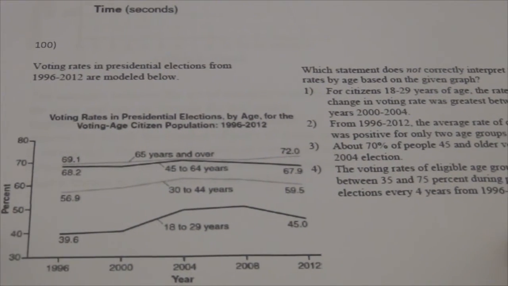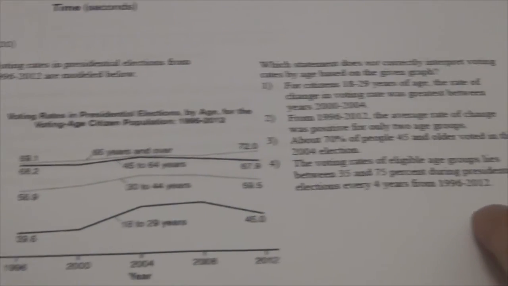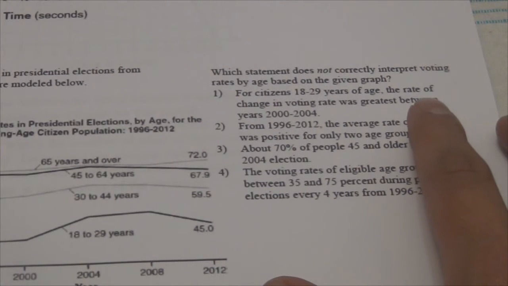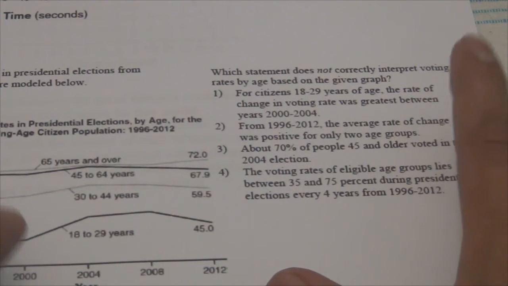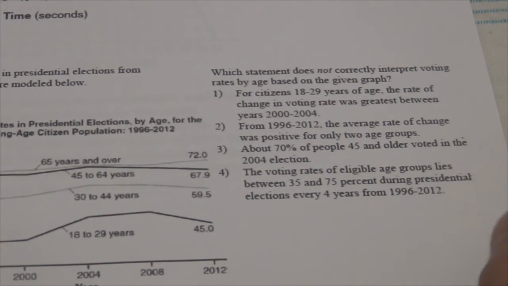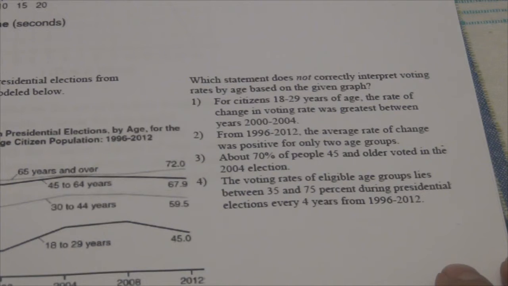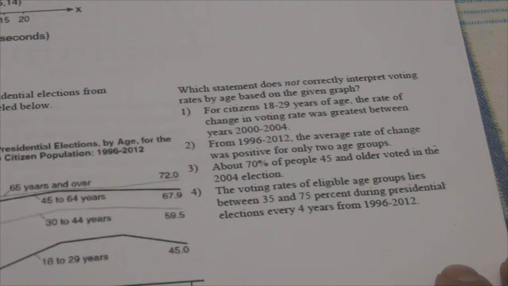All right. So here, voting rates in presidential elections from 1996 to 2012 are modeled below. So, which statement does not correctly interpret voting rates by age based on the given graph? All right, so let's start looking at some answers right here.